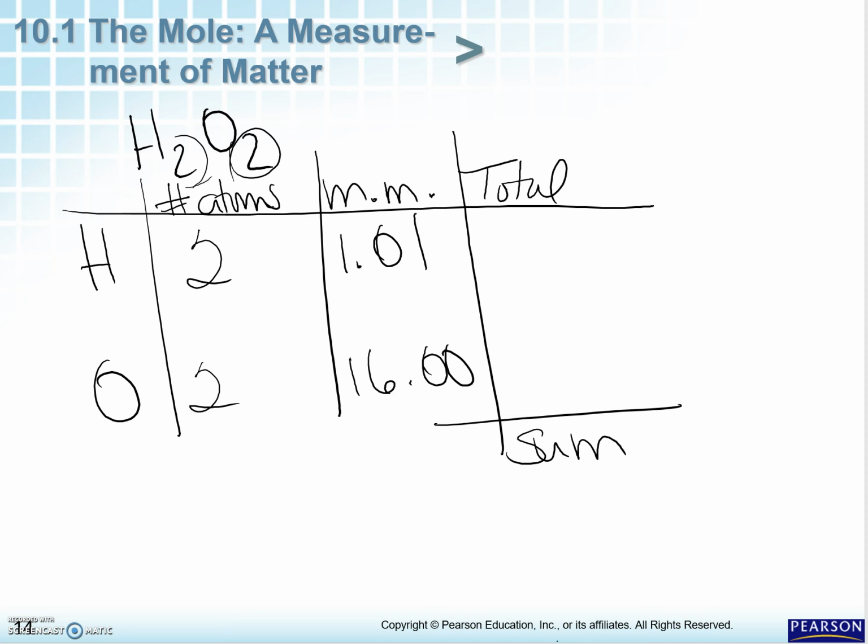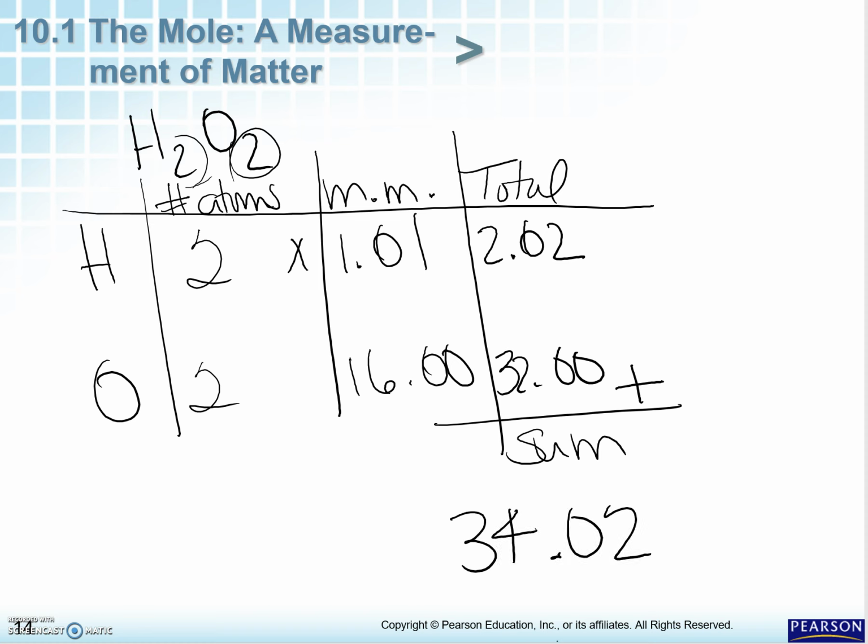All right, we're going to multiply straight across, and we will get 2.02 for hydrogen and 32 for our oxygen. Adding up this total column, we would get 34.02 grams per mole of hydrogen peroxide.